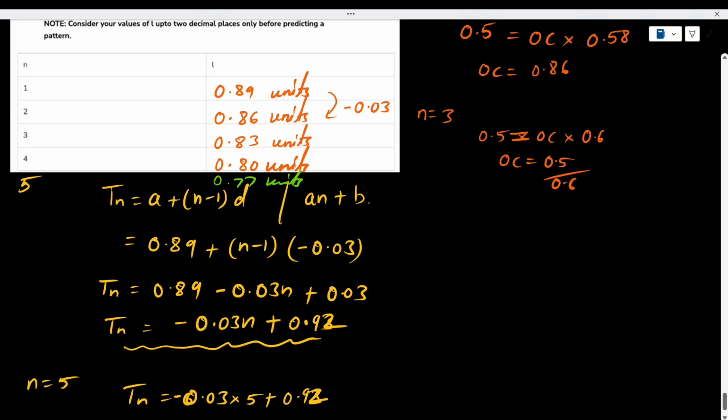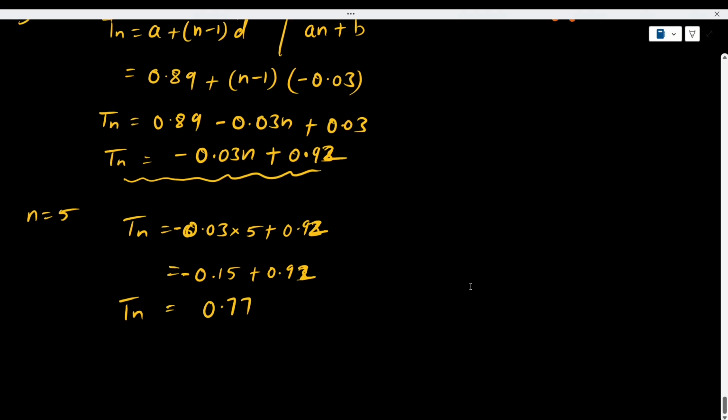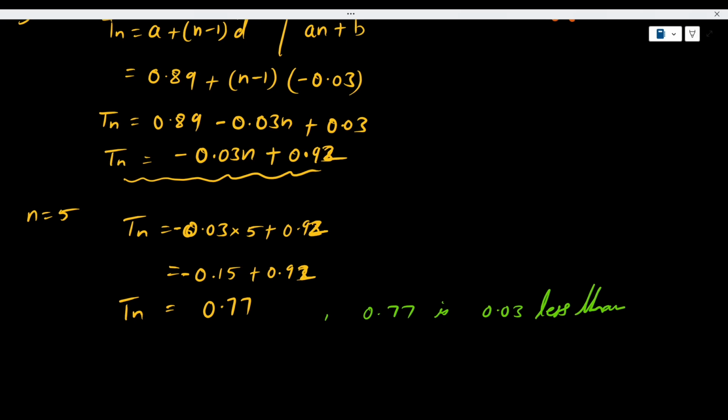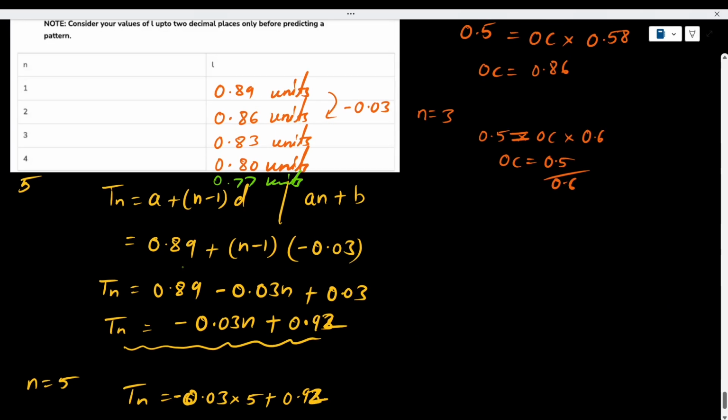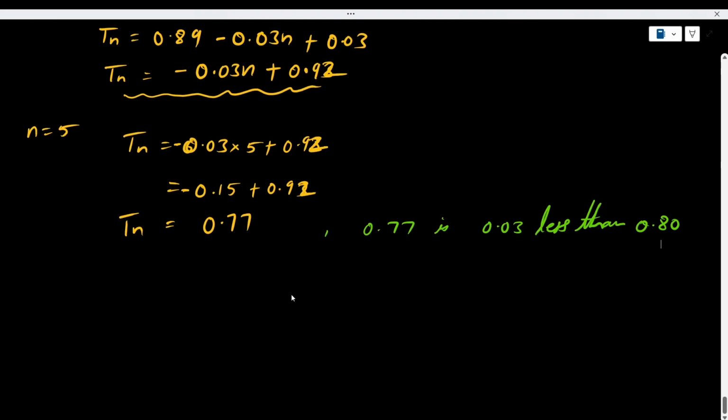So here you have verified, it is 0.03 less than the value given, 0.80 in the fourth term. From the fourth to the fifth term, you have to decrease by this. So you have verified this, hence verified.